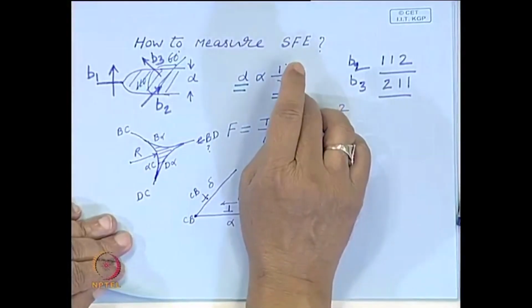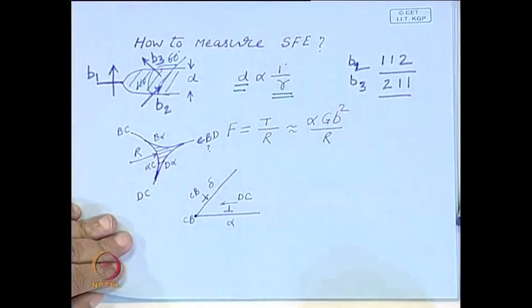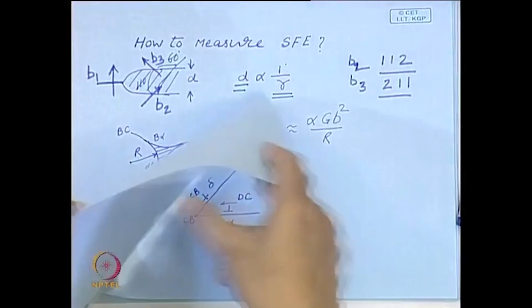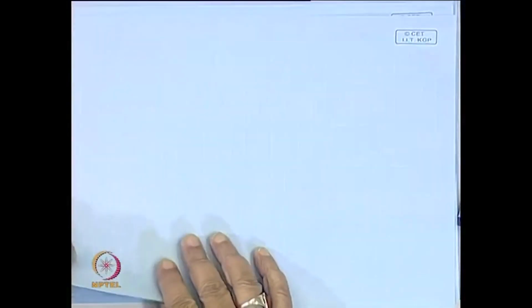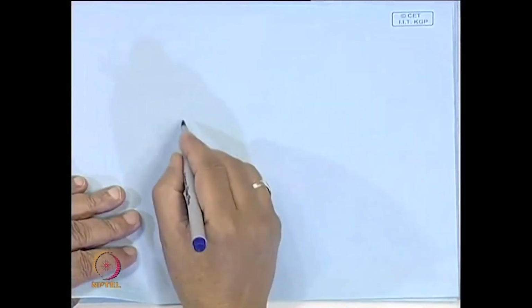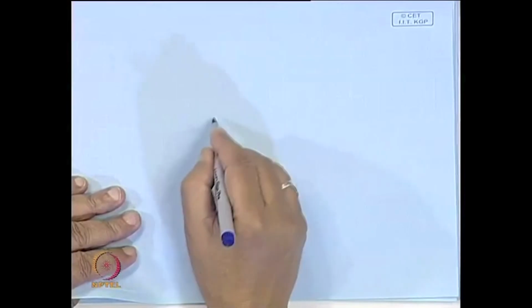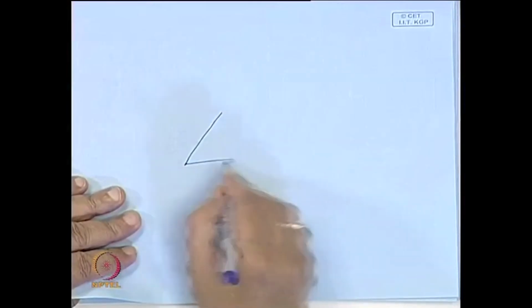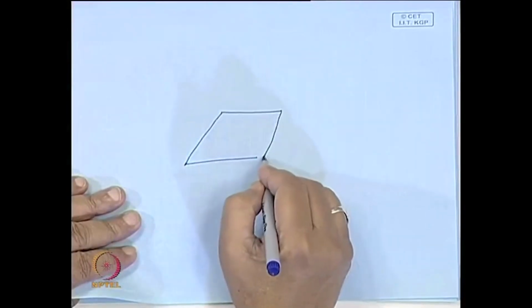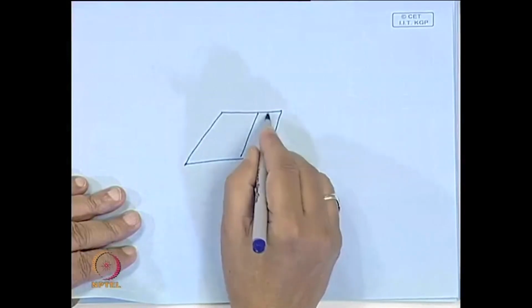But there are materials, and we have talked about it, where the stacking fault energy is very high, and these materials can cross slip. Here the dislocation can cross slip easily. Suppose a dislocation is moving in a plane here. These are the partials.